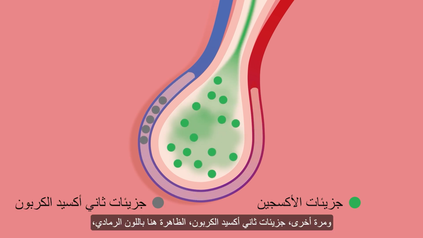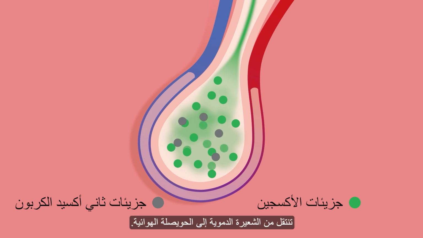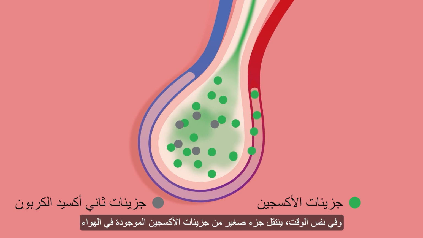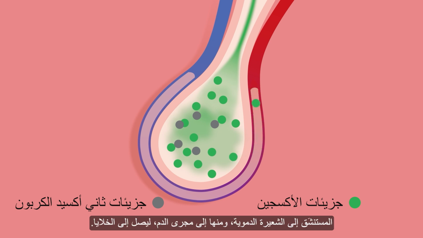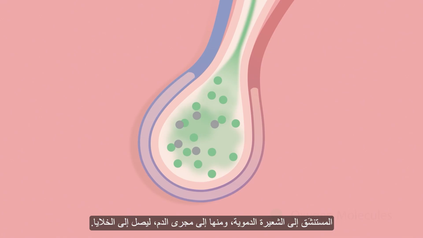Once again, molecules of carbon dioxide, shown here in grey, move from the capillary into the alveoli. At the same time, a small volume of the oxygen molecules in the inhaled air move to the capillary and into the bloodstream to be delivered to the cells.